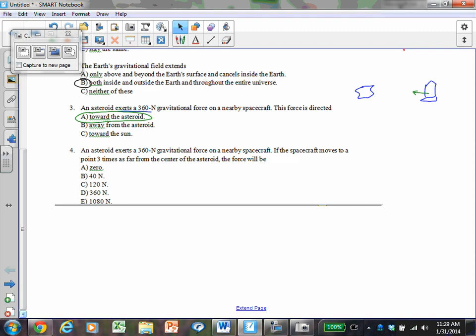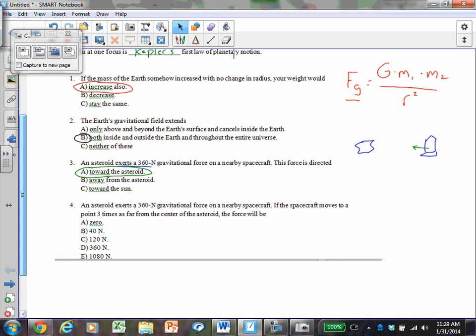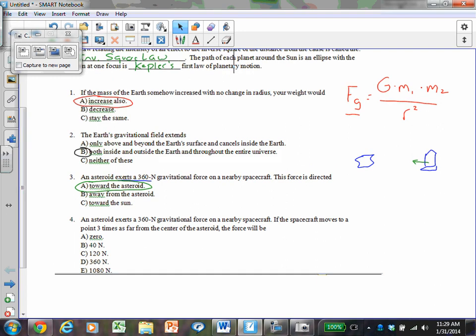An asteroid exerts a 360 Newton gravitational force on a spacecraft. If the spacecraft moves to a point 3 times farther away from the center, the force will be, okay, well, let's think of 3 times farther. If you separate these 3 times farther apart, right? My spaceship's getting worse. 3 times farther apart, what happens to the force?